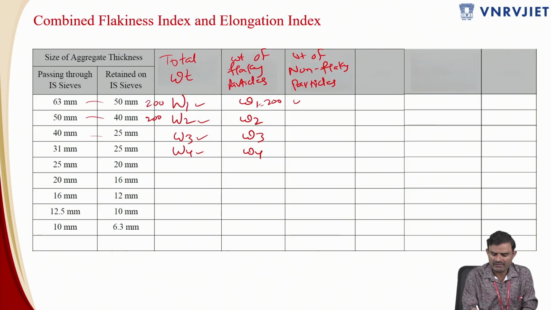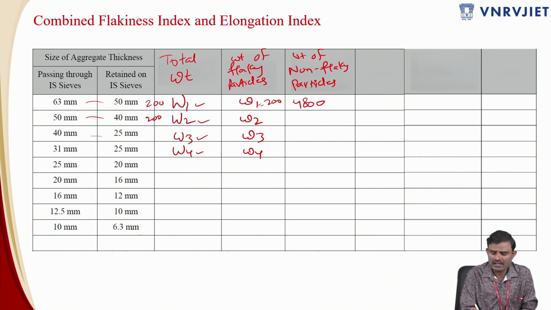Then the remaining weight, 4800, is your non-flaky portion or non-flaky particles. That is very important, because if you allow the flaky particles inside and conduct the elongation test, even though an aggregate particle turns out to be non-elongated, it was previously a flaky particle and you are unknowingly allowing it into your aggregate. So we have to put the restriction on the particles which turned out to be flaky when we previously conducted the flakiness index.